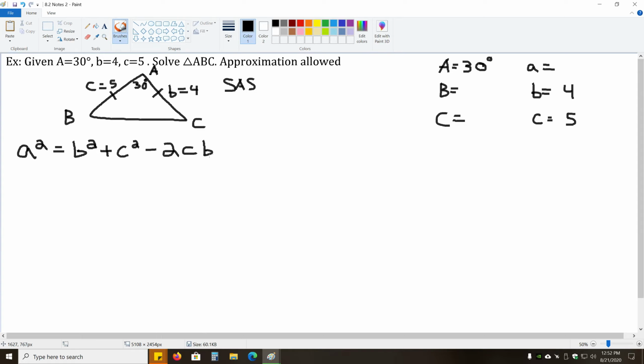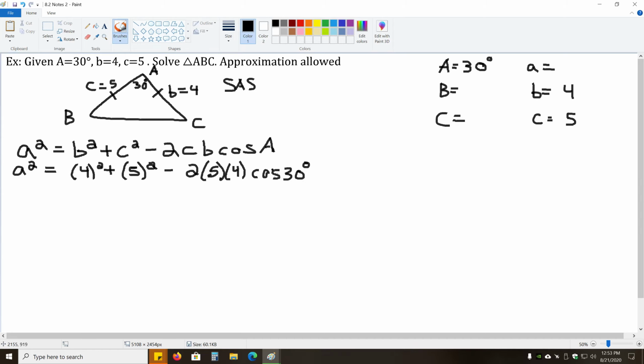C, then B, then cosine of what you started with, angle A. So filling in our information, we're looking for side A, so A squared equals B squared, gives us 4 squared, plus C squared is 5 squared, minus 2 times C is 5, times B is 4, times cosine of A is 30 degrees.